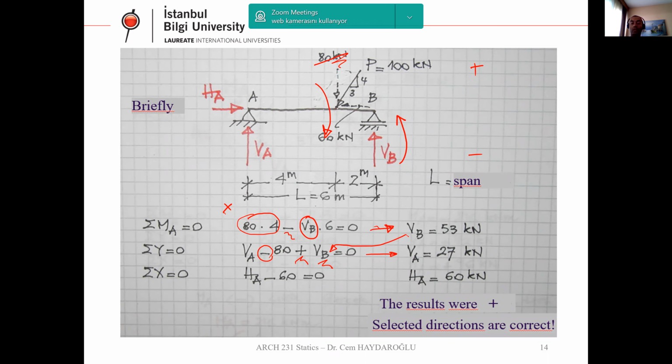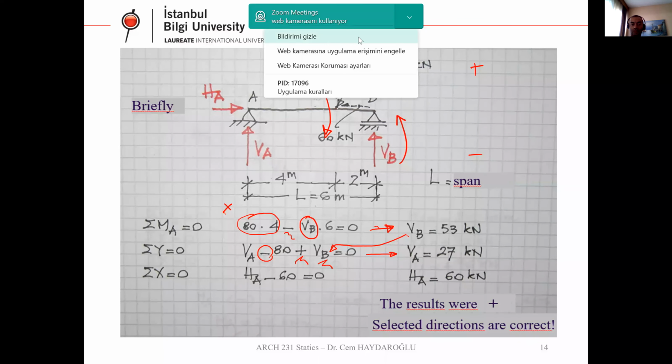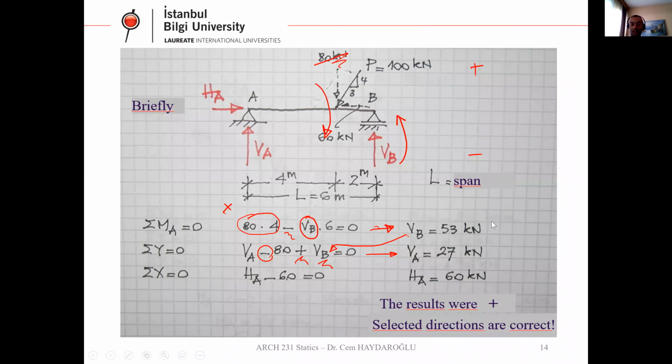Remember, we are doing vectorial calculation here. The directions are important to solve these problems. So as you can see, at the end we have three support reactions solved, and they're all positive.